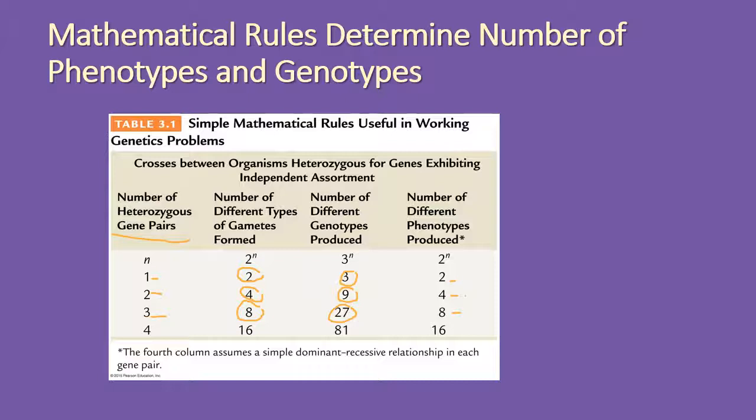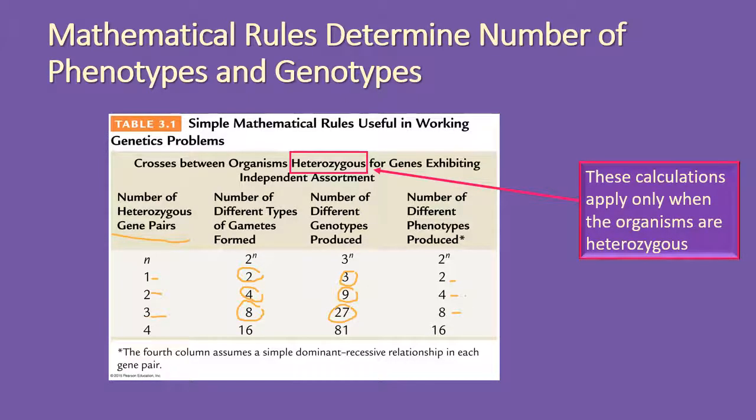But what's really important to note is that's only if the organisms are heterozygous. These calculations don't work, you don't get the same ratios, when you're doing a parental cross or a test cross or something like that. So this is only for F1 crosses when the organisms that are being crossed are heterozygous for their traits.